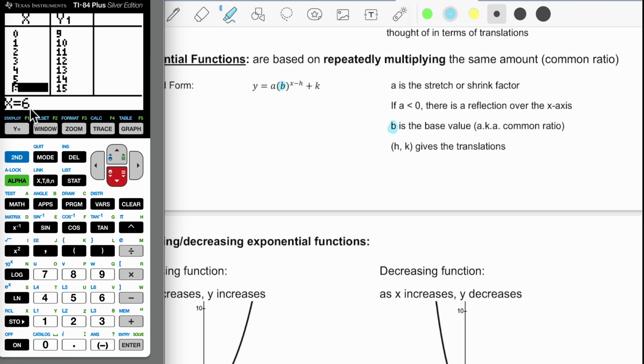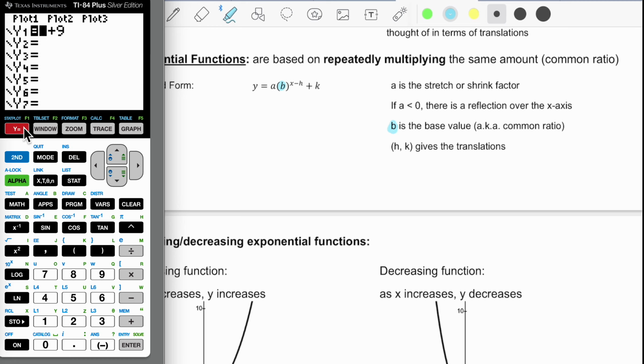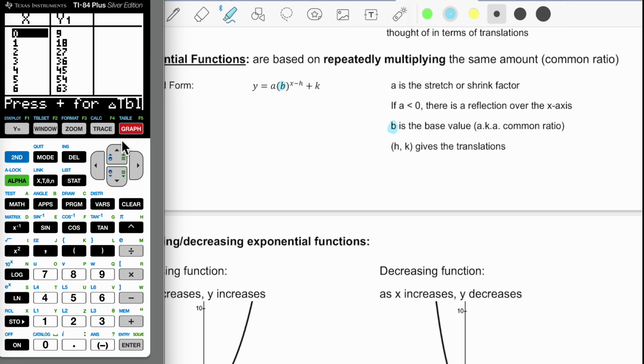Now, if I wanted the difference between those two values to be something other than 1, I would make the coefficient of x something other than 1. So maybe like 9x plus 9. So at 0, I'd have a starting value, a y-intercept of 9, but the difference between consecutive values is always equal to 9. That's how slopes work.